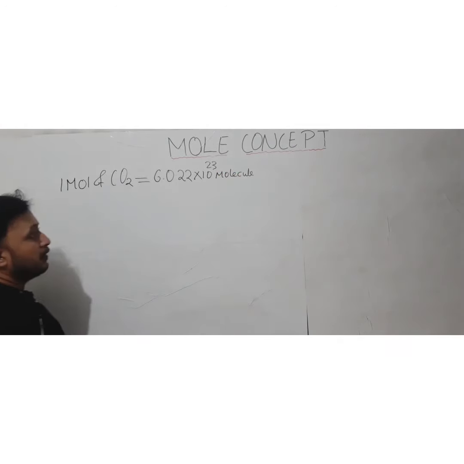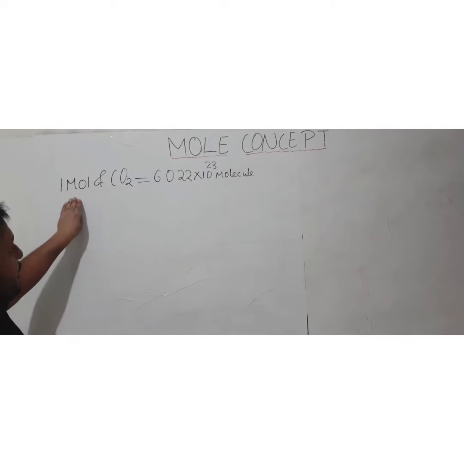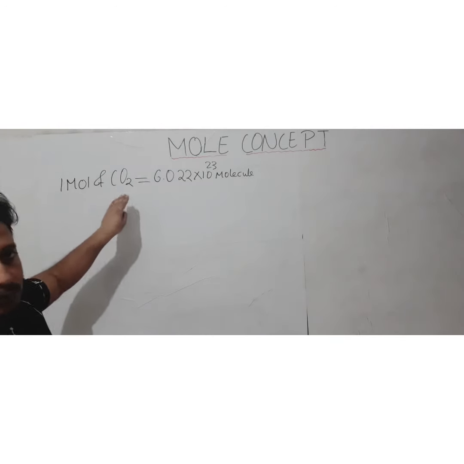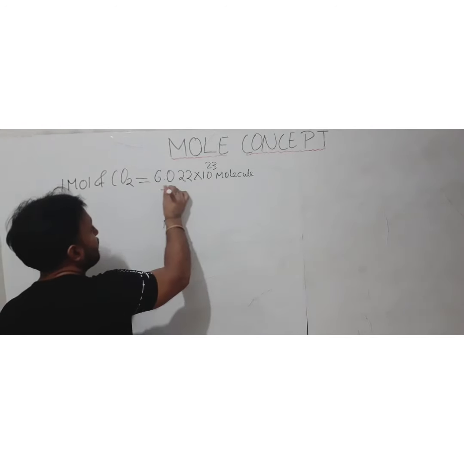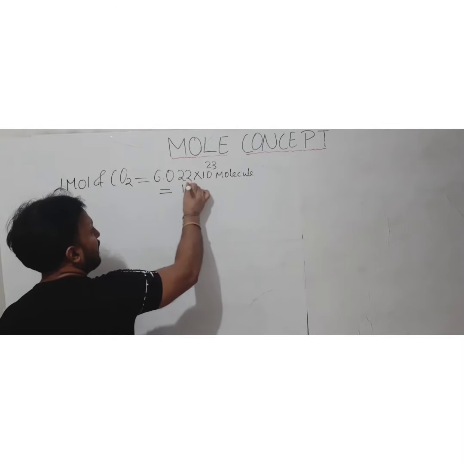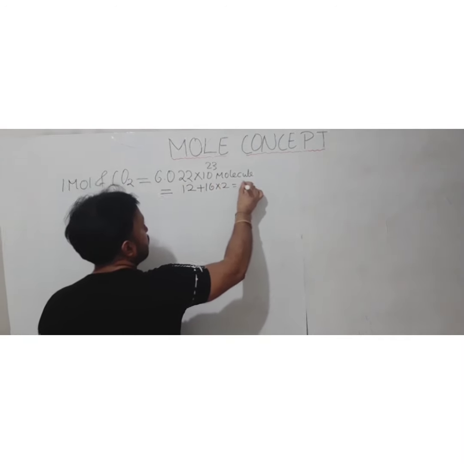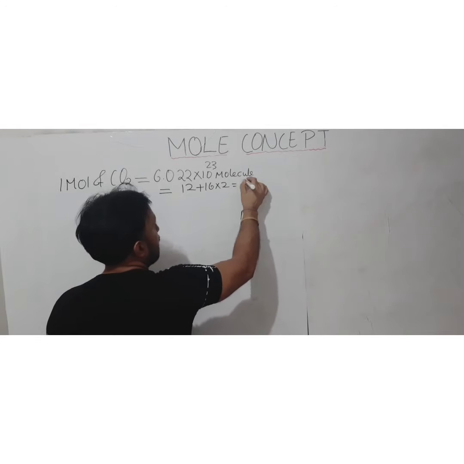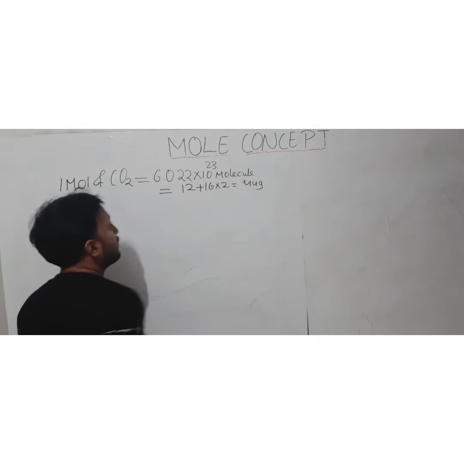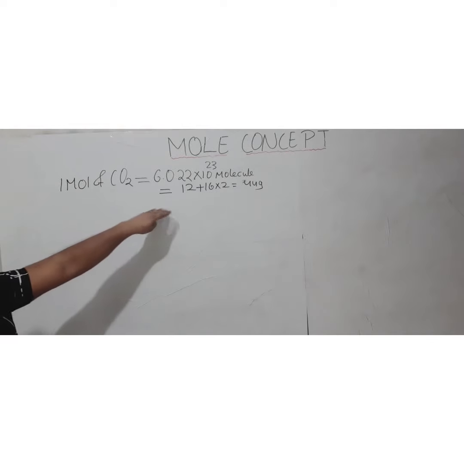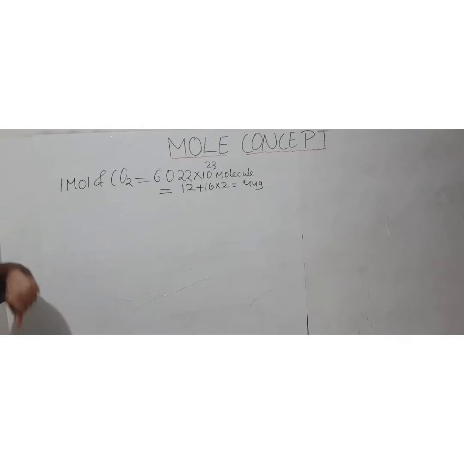Then if I ask what is the mass of 1 mole of carbon dioxide, it will be equivalent to its molecular mass, that is 12 plus 16 multiplied by 2, equivalent to 44 gram. So like that you can calculate. This is the relationship we are going to have.